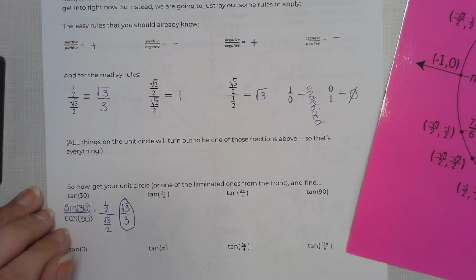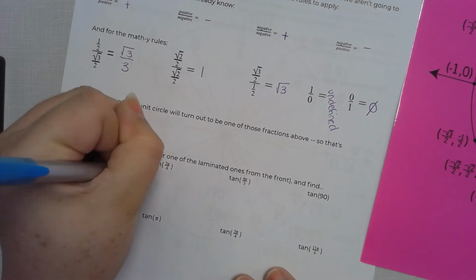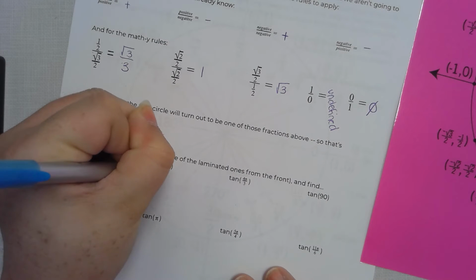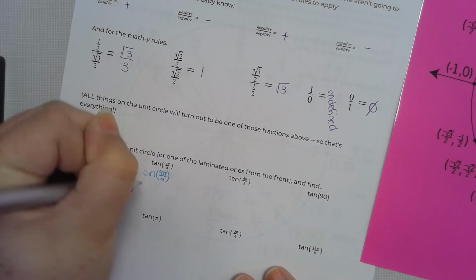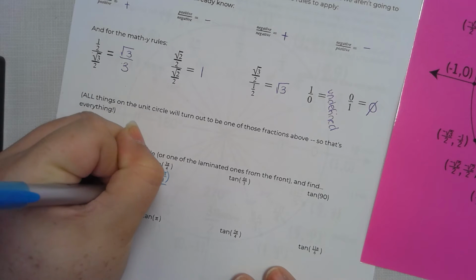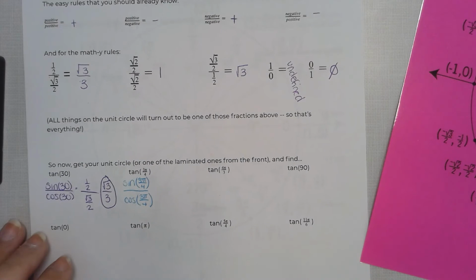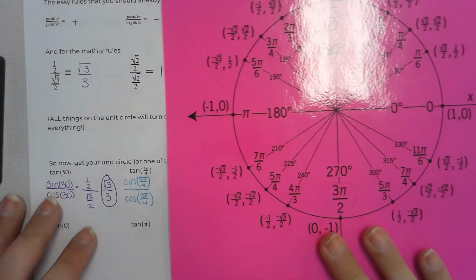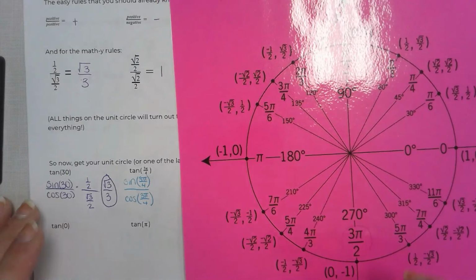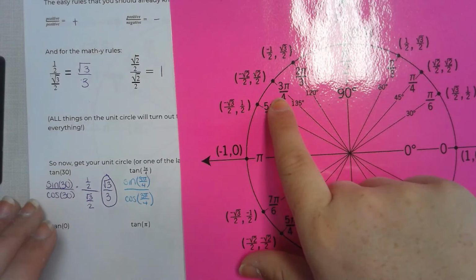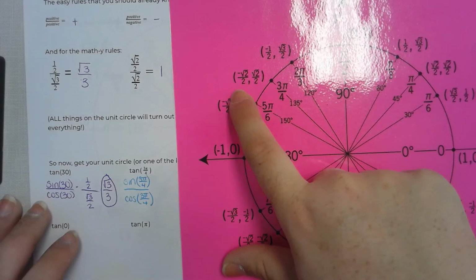All right, so the next one is tangent of 3 pi over 4. And I'm going to change colors here so that it's a little bit easier to tell. So tangent, again, is sine over cosine. All right, so we're going to find 3 pi over 4 on our unit circle, which is here, sine over cosine.